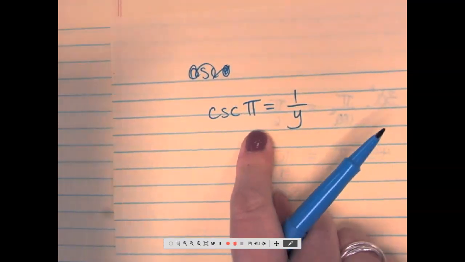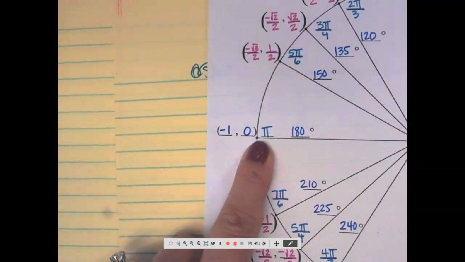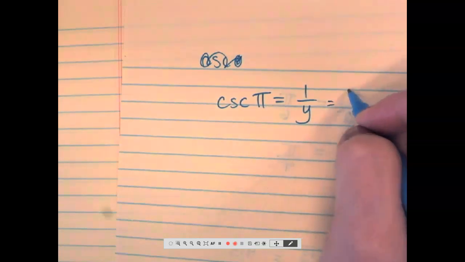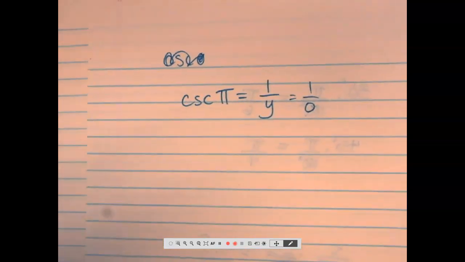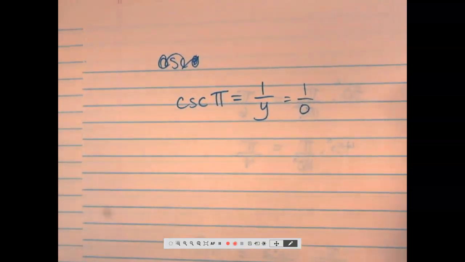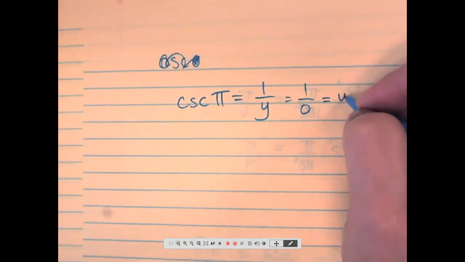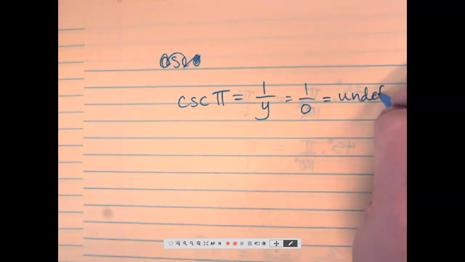Okay, I'm going to go to the pi on the unit circle, and I see that my y coordinate is 0. So I'm going to replace that with 1 over 0. And what is 1 over 0? Undefined. So undefined is my answer.